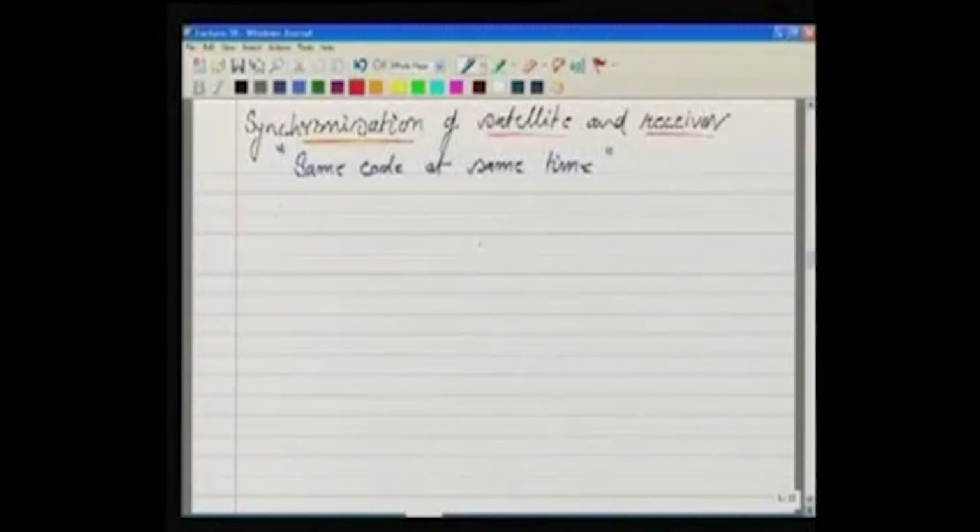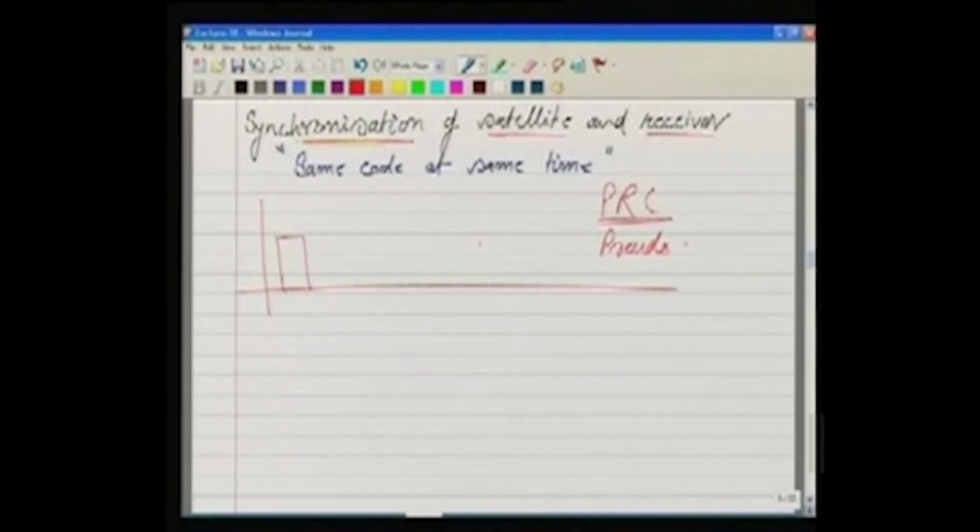Now in actual practice, both the receiver and the satellite make use of a code. We call this a pseudo random code. Now why is it called pseudo? Because it looks random, though it is not random.